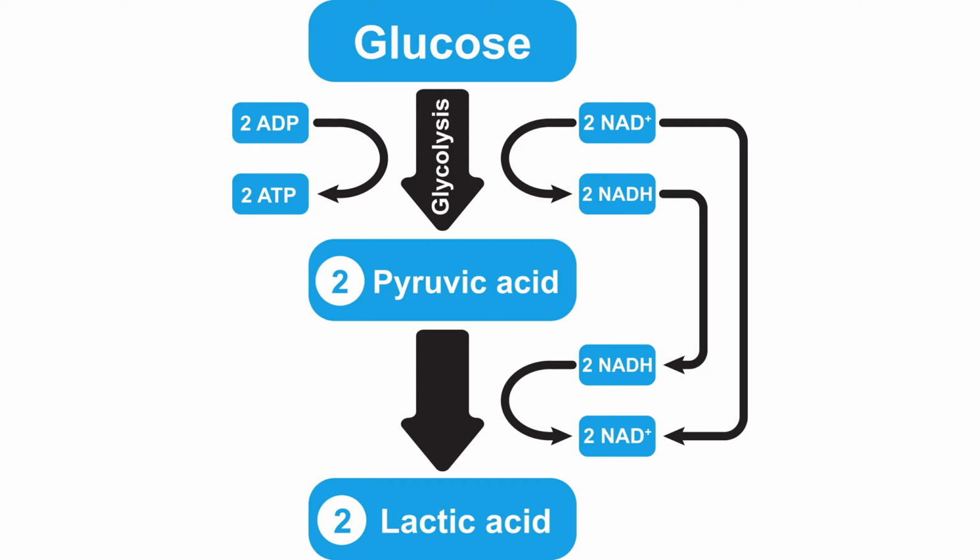The conversion of pyruvate to lactate frees NADH back to NAD, which is needed for glycolysis to continue. In this situation, the formation of lactate isn't the enemy. It is the solution. It's allowing life to continue.